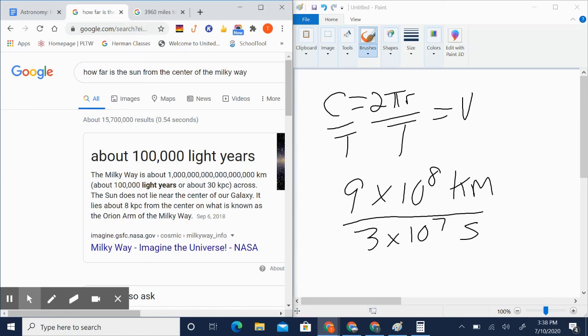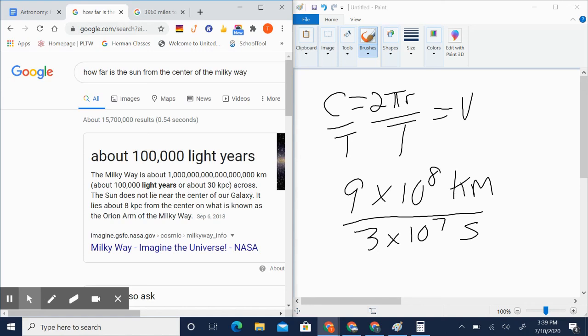You get this little text box that comes up often when you ask a question. If you read down in there, it says it's about 100,000 light years across. The sun does not lie at the center. It's about 8 kiloparsecs, which is a new unit in that space.